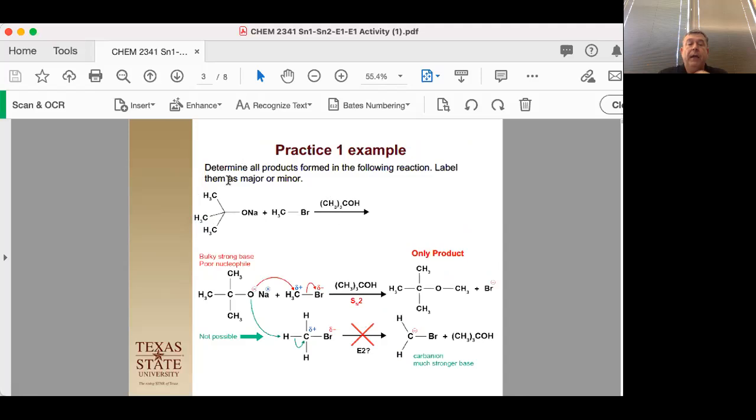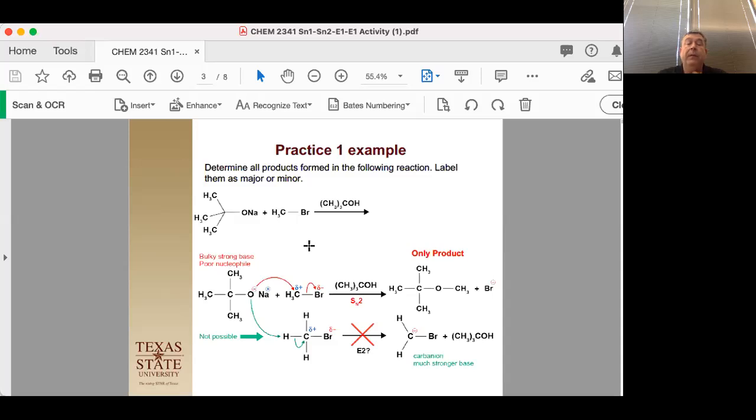On this sheet I have an example. I'm going to give you a list of reagents and a solvent, and you need to figure out what the major and or minor products are. In this case, we have a t-butoxide. We know we have a negative charge on that oxygen. We have a methyl halide, and we're doing it in a protic solvent.